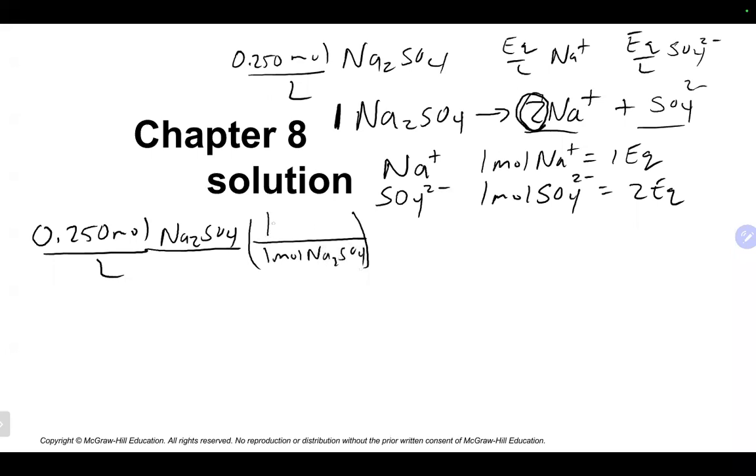The moles of the whole thing will cancel out, and what I'm left with on top are moles of sodium over liters.